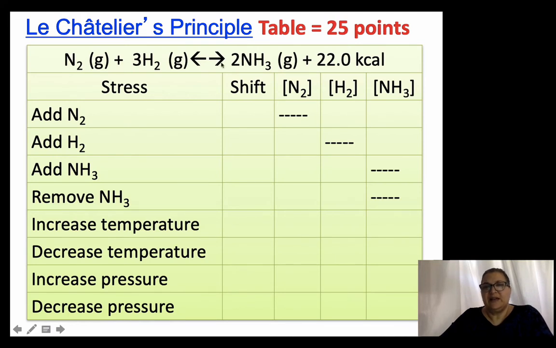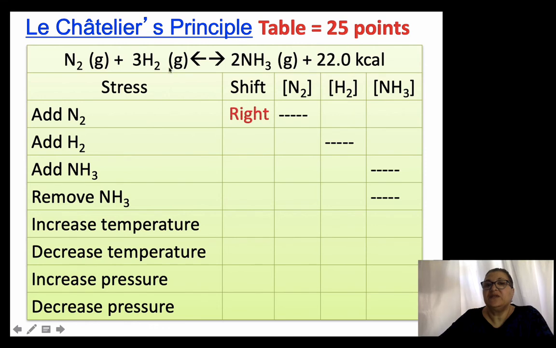This one, I think, is part of your handouts, with the 18.2 to do now, or another one that's similar to it. We're going to go over a couple of them. What happens if you add N2? N2 is right here. If you add N2, it's going to shift to the other side.